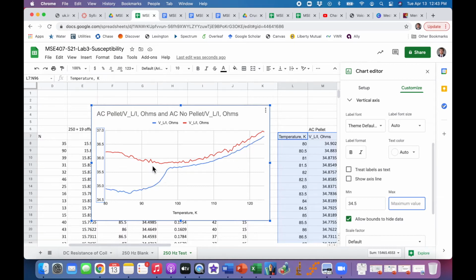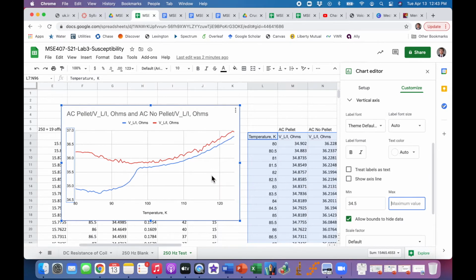So what we're going to do is we're going to compare the blank run to the run with a pellet, and we're going to basically subtract. So basically we want to look at if we subtract the blank from the one with our pellet, we'll basically be able to highlight the change that occurs, and that's what we want to do.